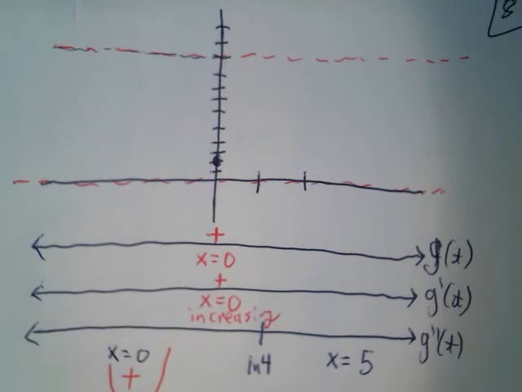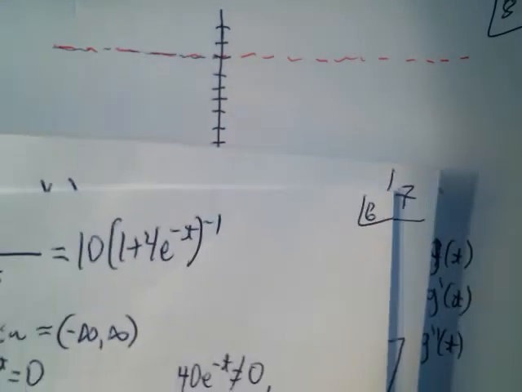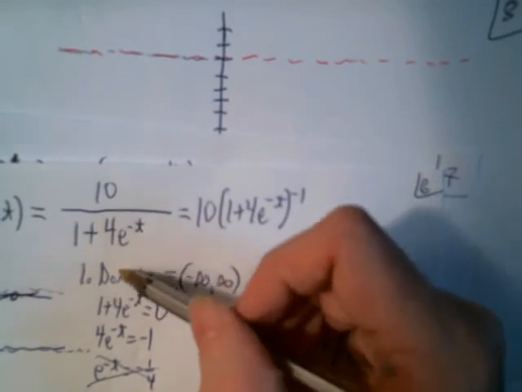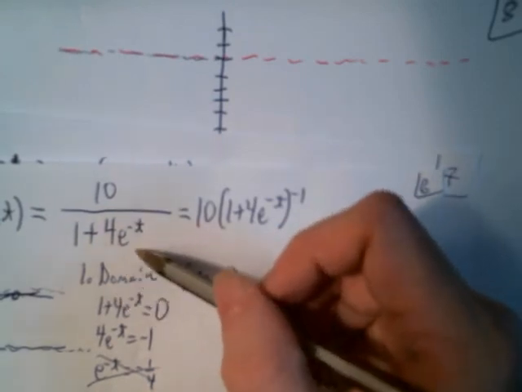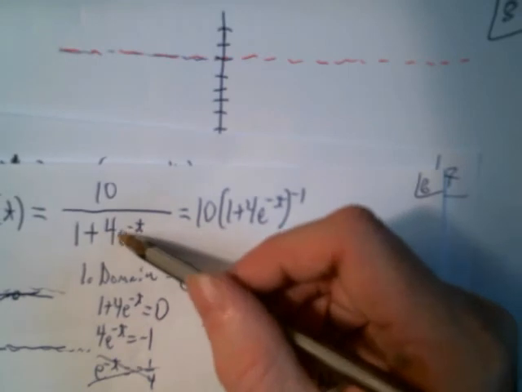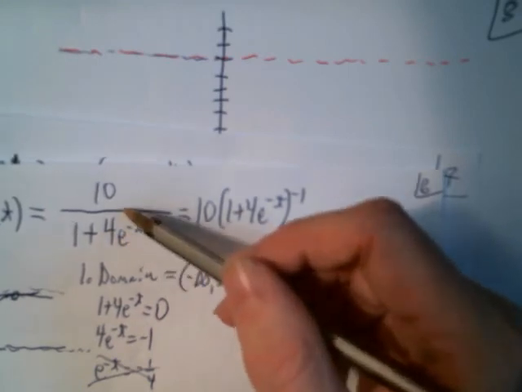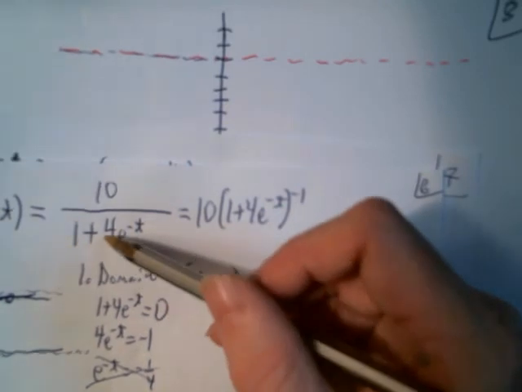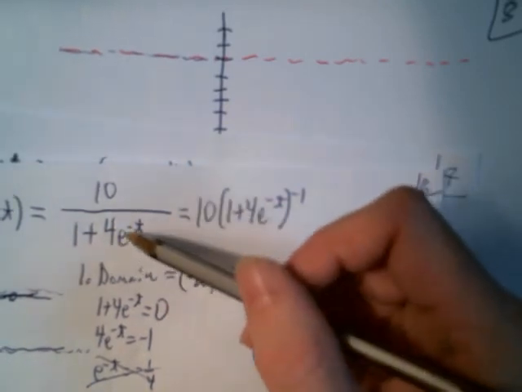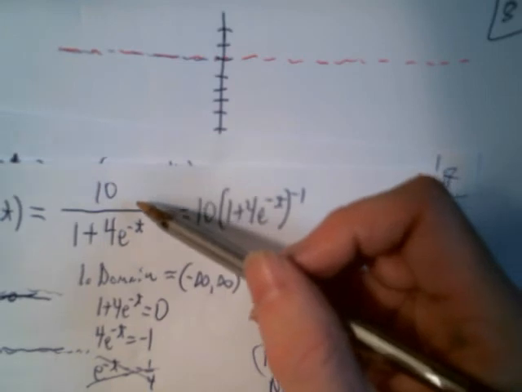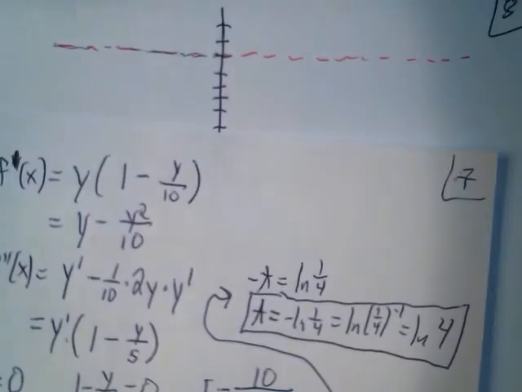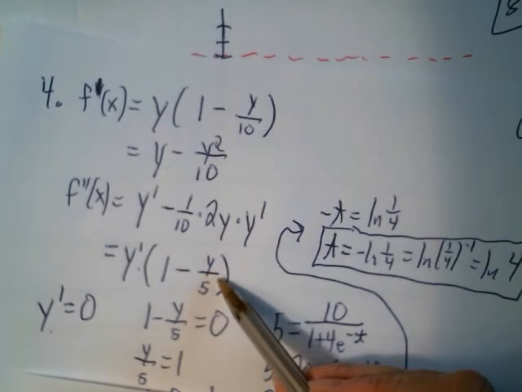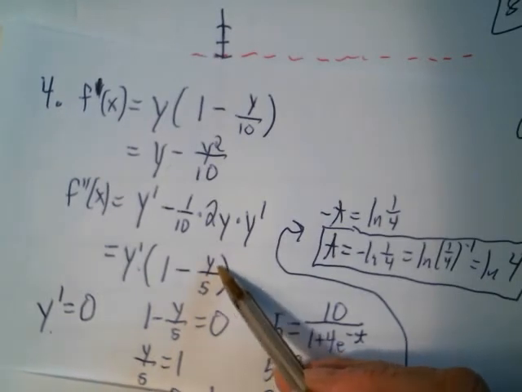And then in the other interval, trying x is 5, if you plug 5 into here, you'll have 10 over 1 plus 4 times e to the 5. This will be less than 1. So it's something like 10 divided by 1 point something, so you'd get something less than 10 over 5.